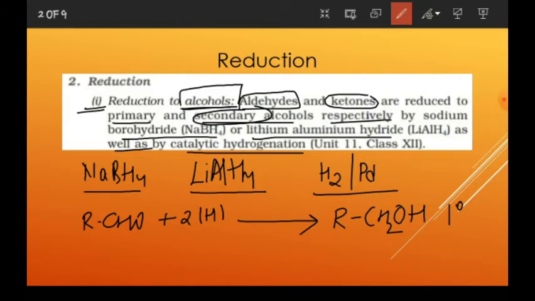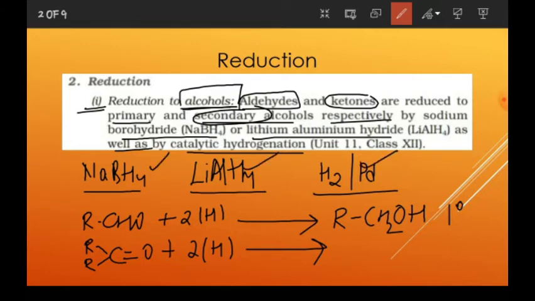Now if I take a ketone, this is an example of a ketone, and again the same procedure. We are doing reduction, which is addition of hydrogen in the presence of any of the reagents given here, 1, 2 and 3, and in this case the product will be CHOH, which is what? 2 degree alcohol.